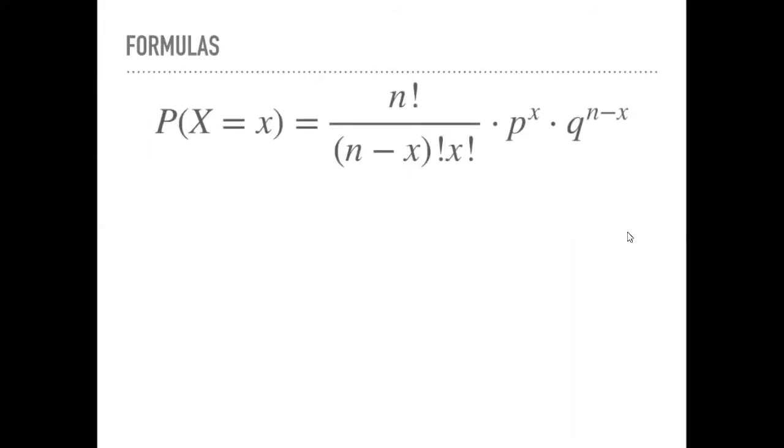The probability that x equals little x is equal to n factorial divided by n minus x factorial times x factorial, that fraction, times p raised to the x times q raised to the n minus x. This probably looks familiar a little bit. This first part here is simply a combination, which we saw in a previous chapter.